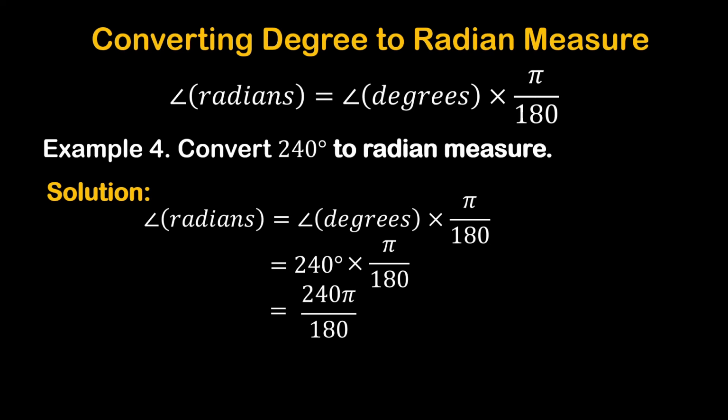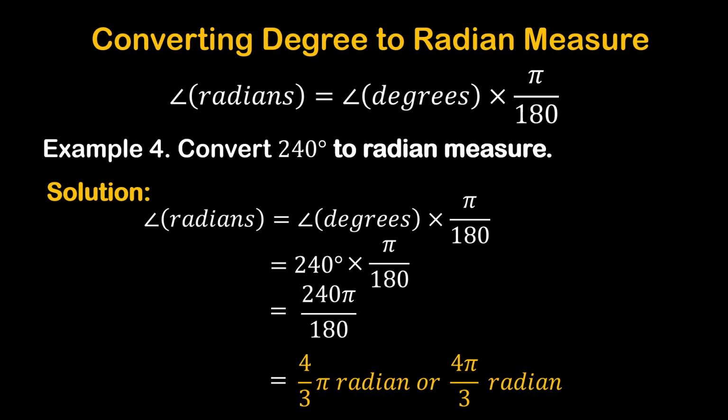Of course, we can still simplify this one. The simplified form of 240 pi over 180 is equal to 4 over 3 pi or 4/3 pi radian or 4 pi over 3 radian. So that means 240 degree is equal to 4 over 3 pi radian or 4 pi over 3 radian. So that's the answer for example number 4.